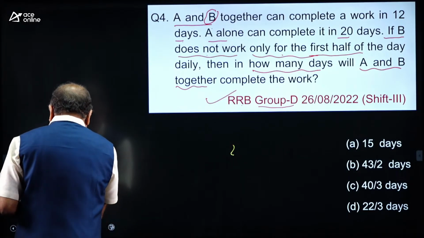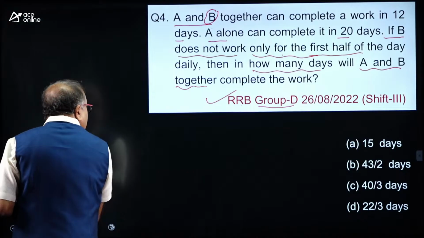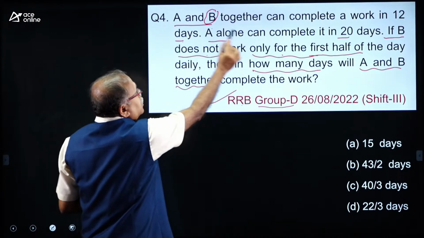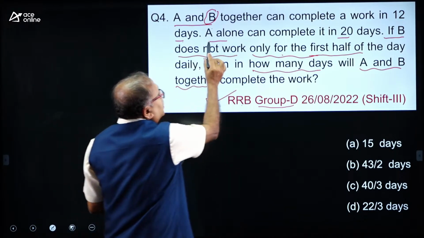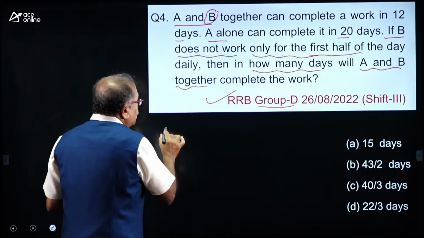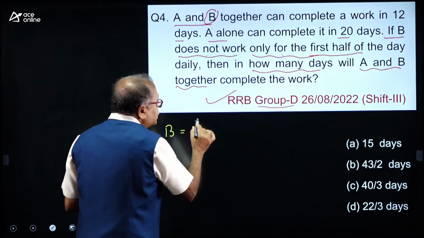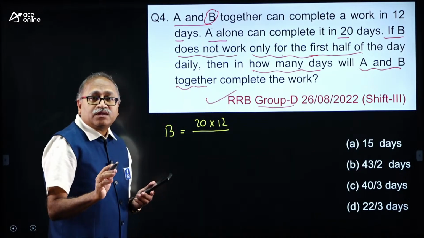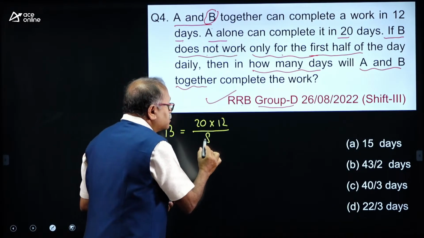Okay, so let me see, this is the question. Now, A and B together in 12 days and A alone in 20 days, then B alone in how many days? 20 into 12 by 20 minus 12, that is 8.